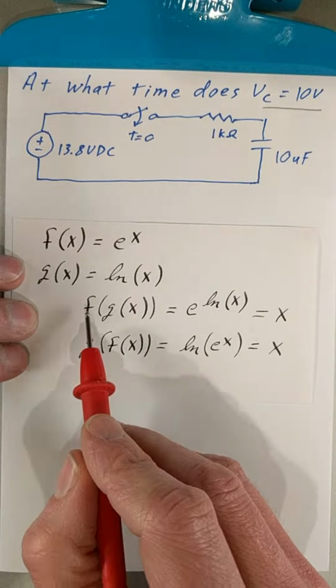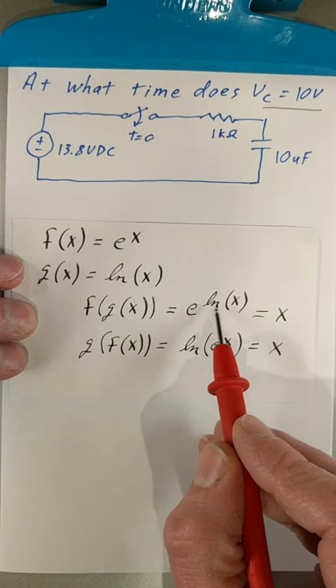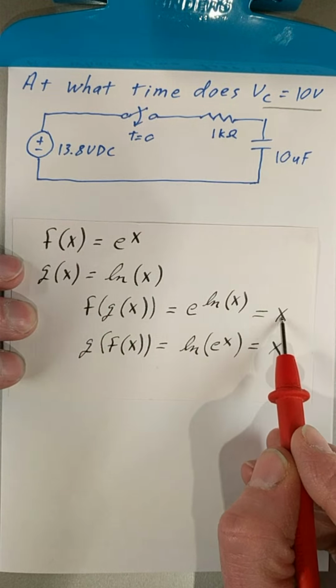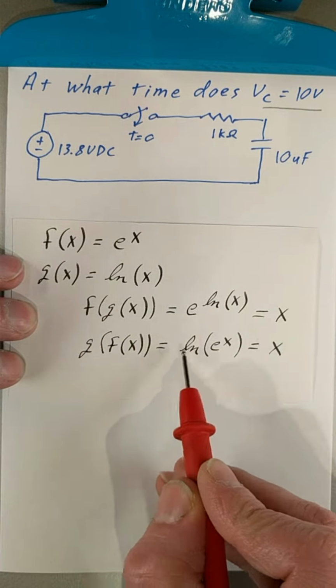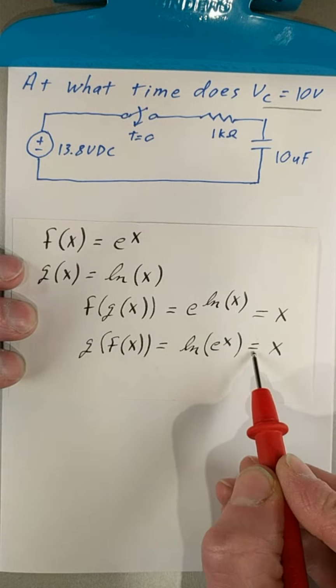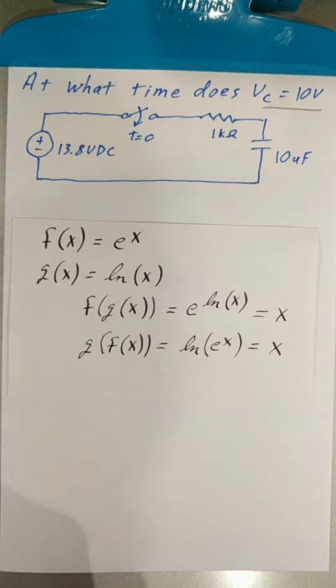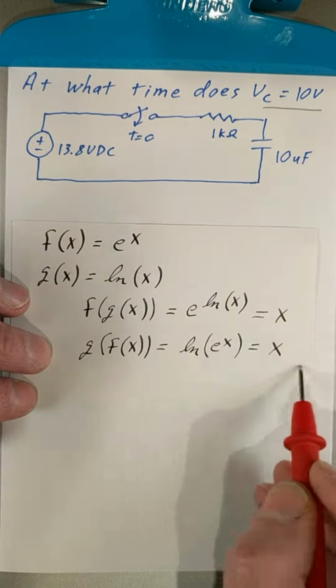If we take f of g of x, that's e raised to the logarithm of x, and we get x. Likewise, when we take g of f of x, that's the logarithm of e to the x, which is equal to x. Remember these as we go through this problem, especially this property right here, as we'll need it.